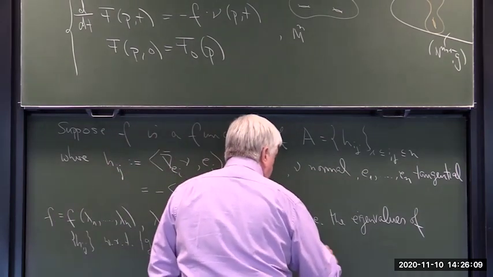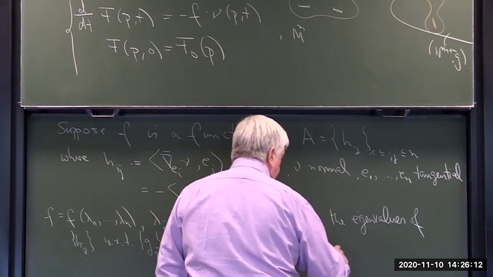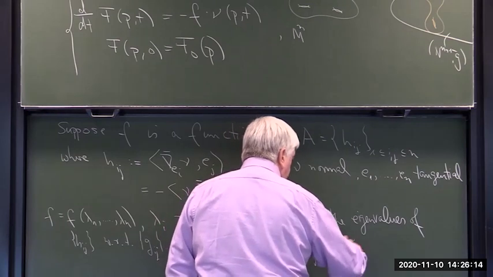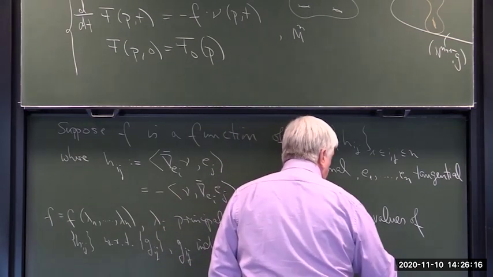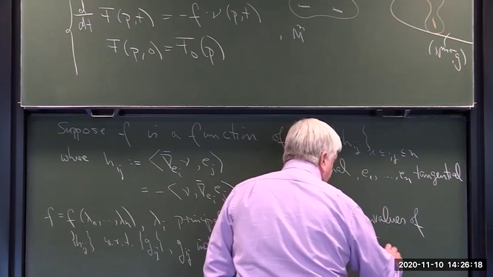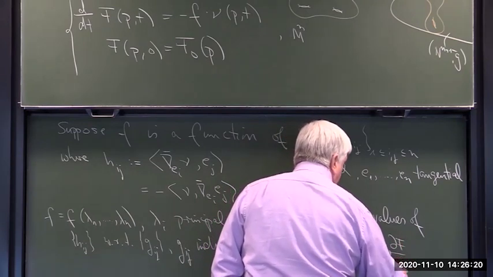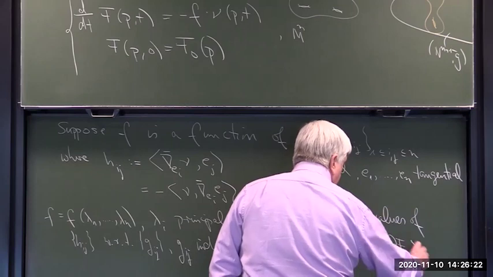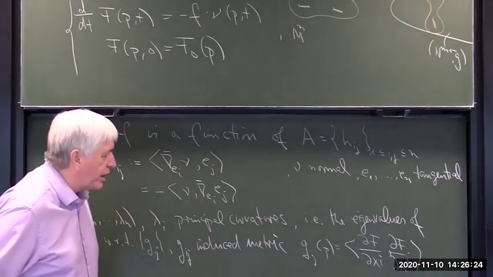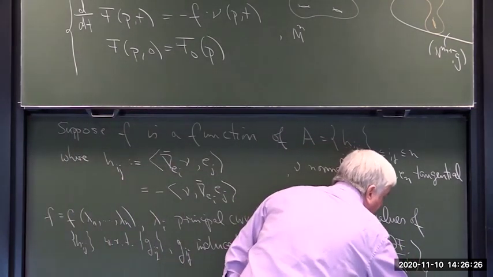g_ij at some point p would be the inner product of the tangent vectors, the dF/dx_i, the dF/dx_j with respect to the metric G bar.